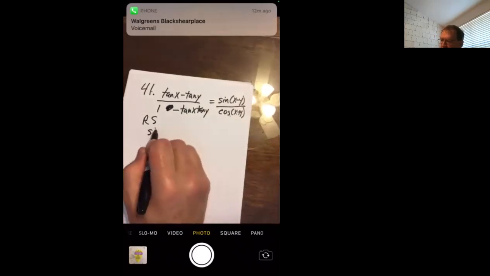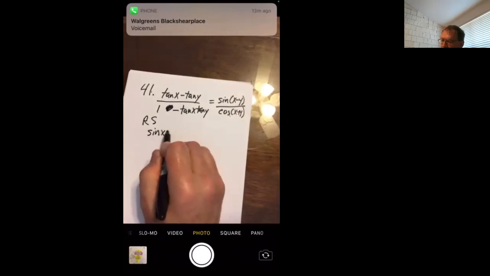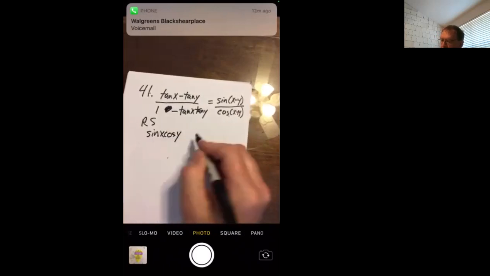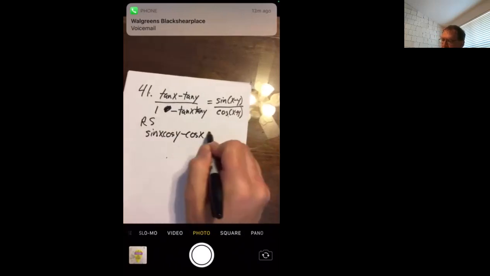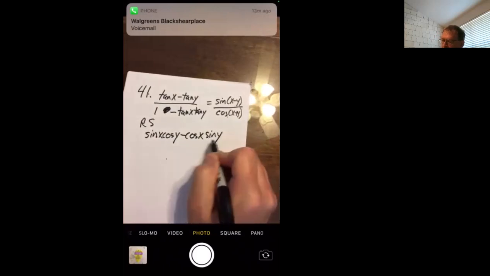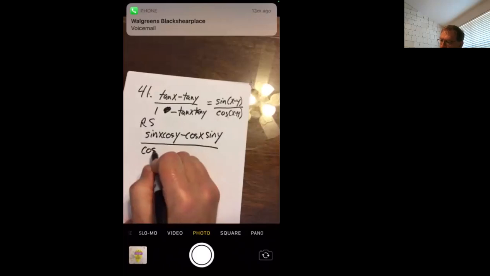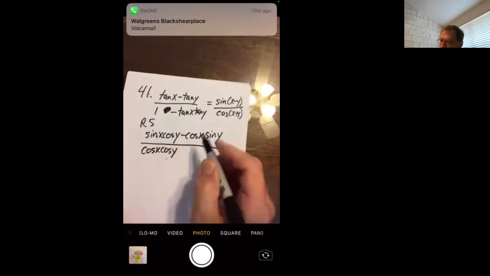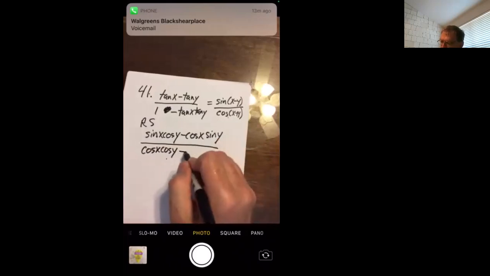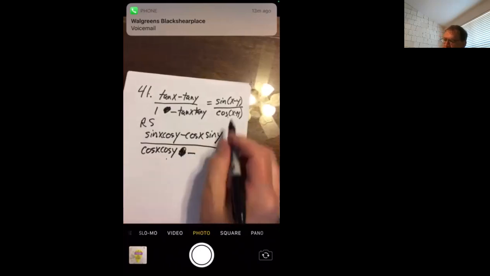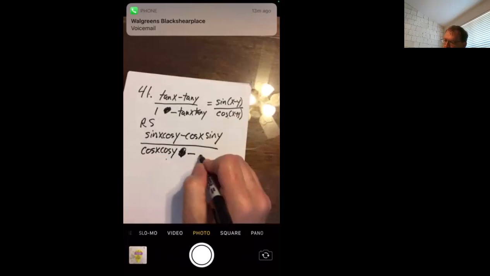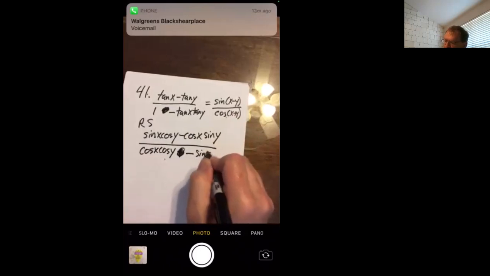You're going to get a sine x cosine y minus cosine x sine y. Bottom, cosine of this will go cosine cosine with an opposite sign, so still a minus. So this one matches sine x sine y.